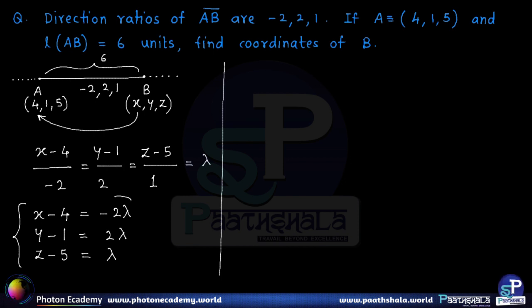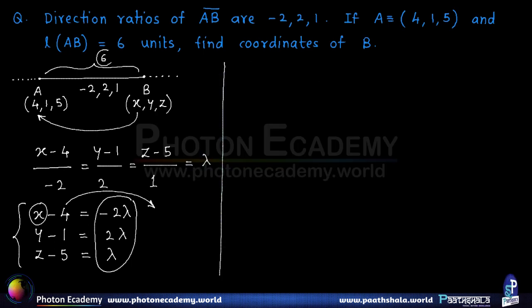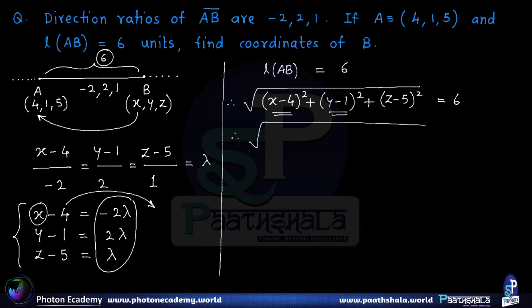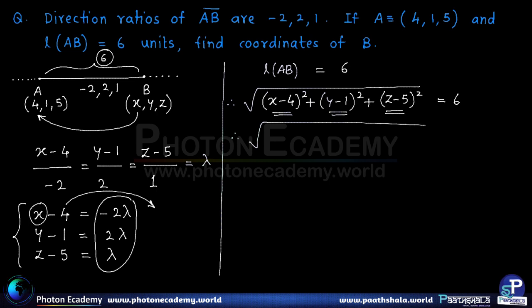Now we have to find basically the lambda so that it will ultimately give us x, y and z. Since we have now got the coordinates of the point indirectly in terms of lambda, because x can be written as minus 2 lambda plus 4 and so on. Now let us impose the condition of length of AB. So therefore let us write down length of AB is equal to 6. Therefore we use the distance formula here. Length of AB can be written as the square root of x minus 4 the whole square plus y minus 1 the whole square plus z minus 5 the whole square, which must be equal to 6. And now if you see, we have already calculated the expressions in the bracket in terms of lambda.